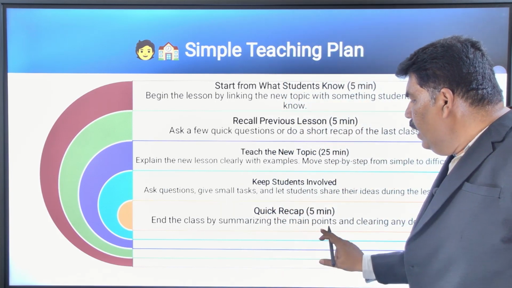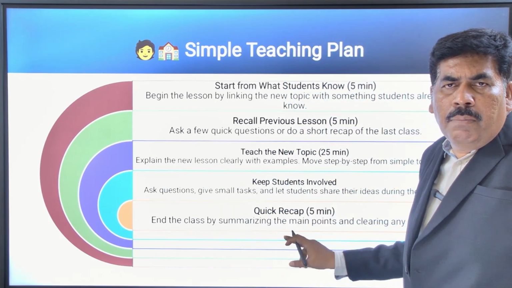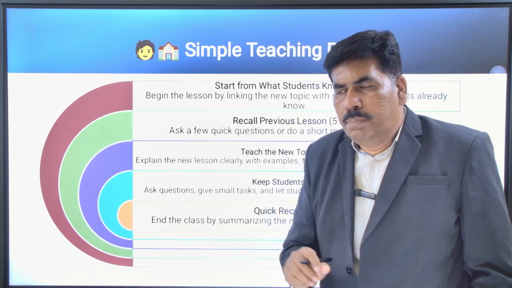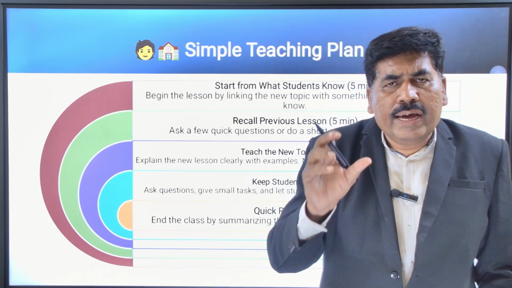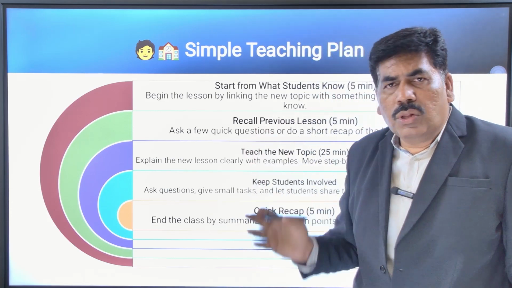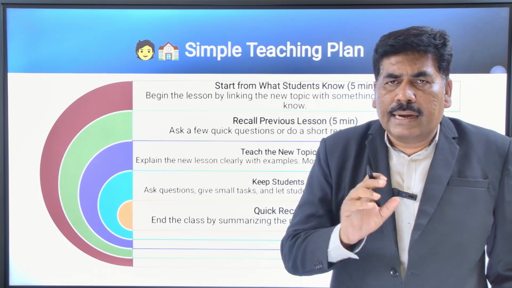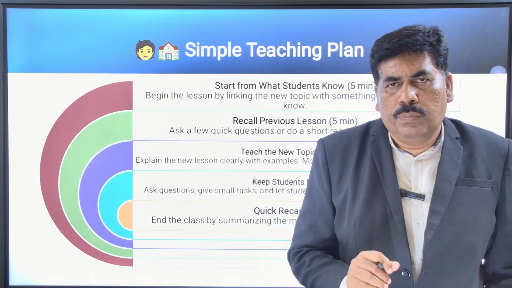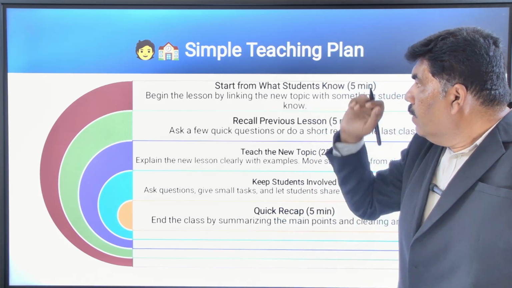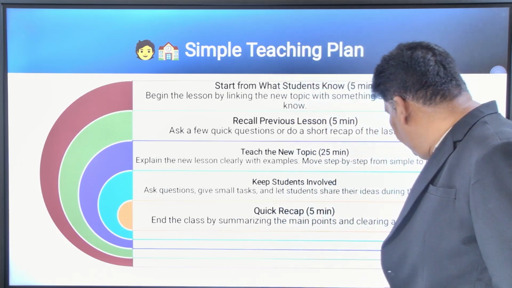Finally, spend 5 minutes on a quick recap. By doing that, you can identify whether they have understood the new concept or not, and complete clarity will come to you. So that is about teaching techniques.